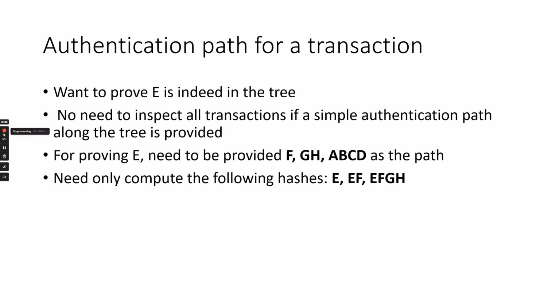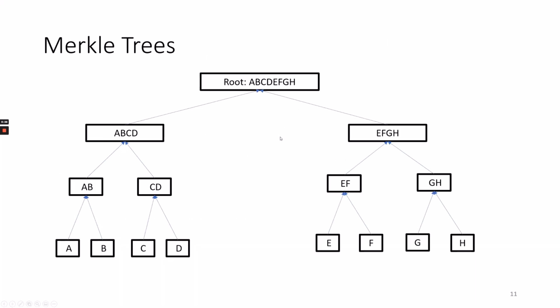Let's look at an example of an application of these trees. One very popular example used in the Bitcoin network is to prove inclusion. Say we have a Merkle root, and we want to prove that a certain transaction is indeed included in the final Merkle root hash. Say we have the same set of transactions that we were discussing earlier, A, B, C, D, E, F, G, and H, and we wanted to prove that E is indeed in this Merkle root.